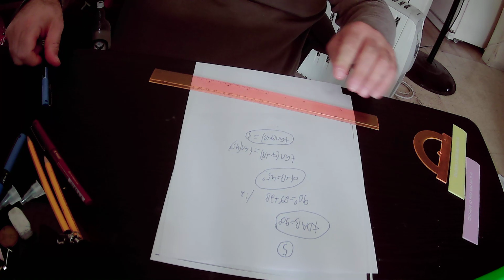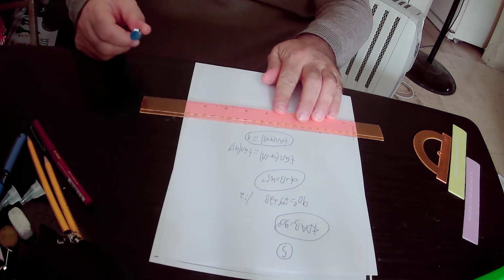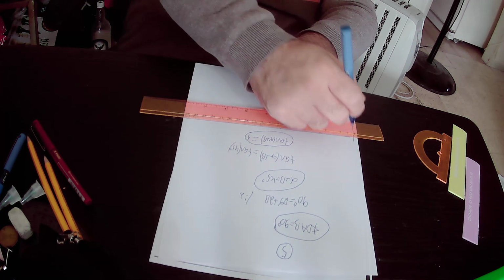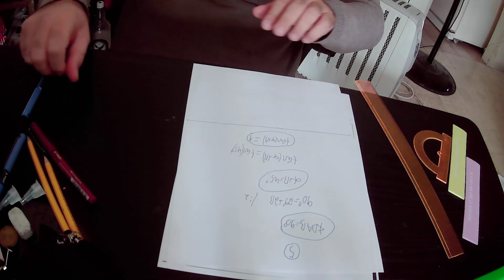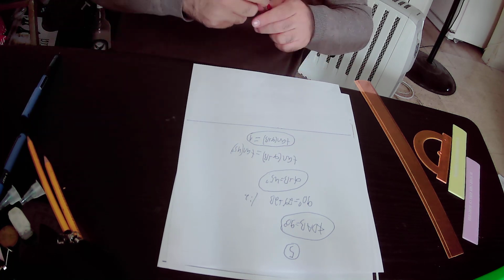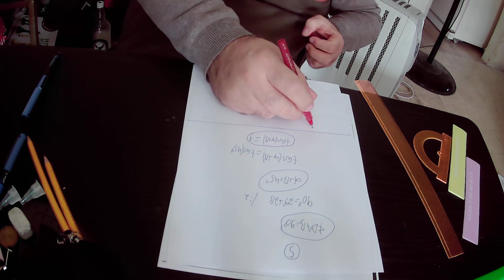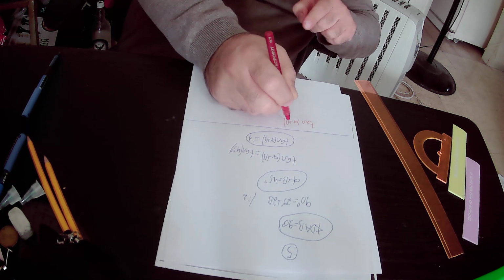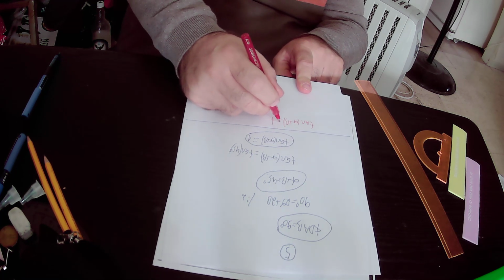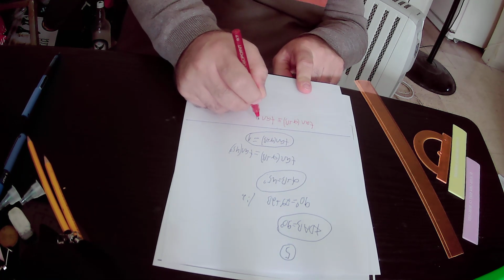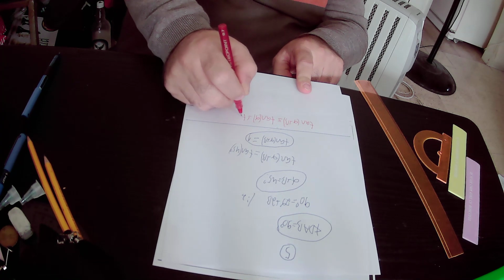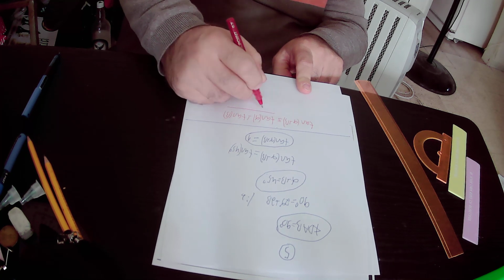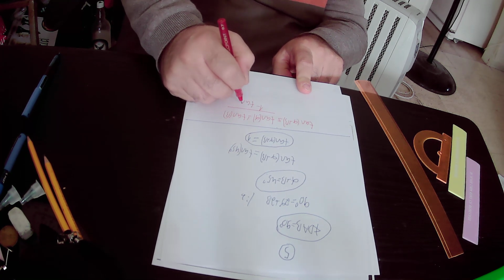But we also have a trigonometric identity for tangent of alpha plus beta. The identity is: tangent of alpha plus beta equals tangent alpha plus tangent beta over 1 minus tangent alpha times tangent beta.